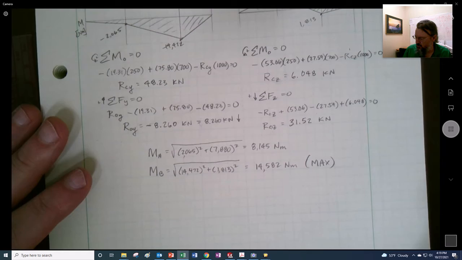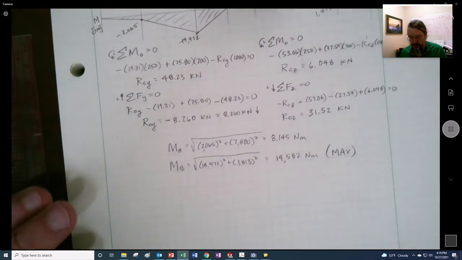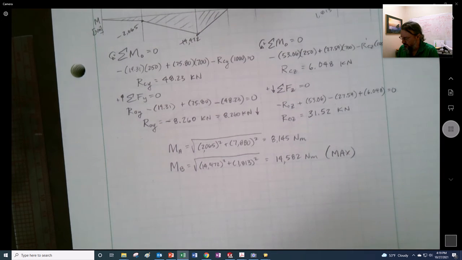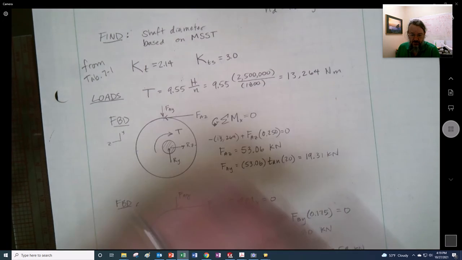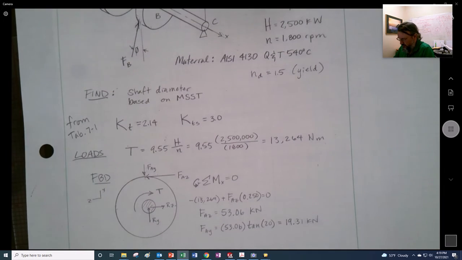Okay, so what's our next thing? Oh, we need the material. All right, so I'm going to look up the material, and I lost my book. Oh yeah. And that, remember, that was the AISI 4130 quenched and tempered at 540, and we're basing on yield strength, so we'll look at that for it. So let's take a look at yield strength.